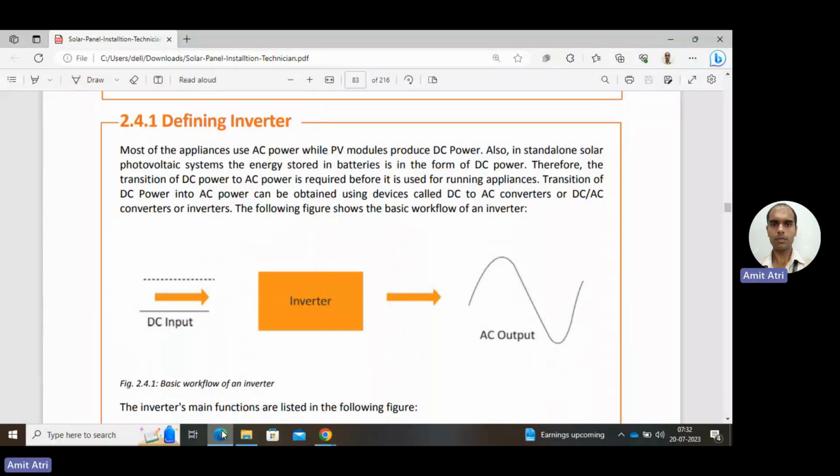The transition of DC power into AC power can be done by using inverters. Inverters are converting DC into AC. This is shown in diagram 2.4.1. So input is DC, and output is AC.